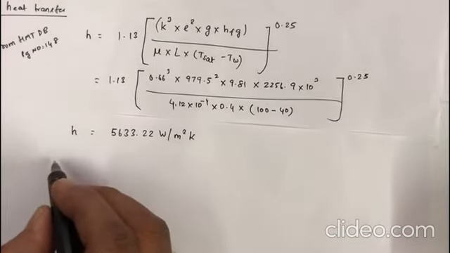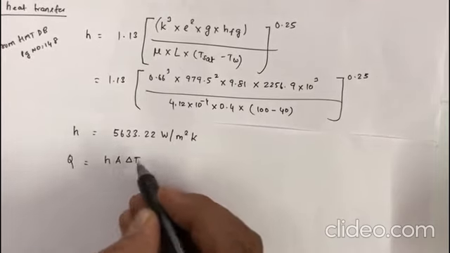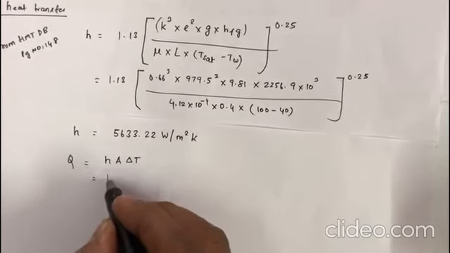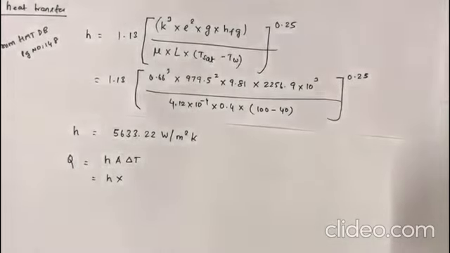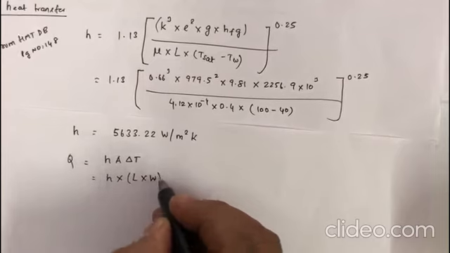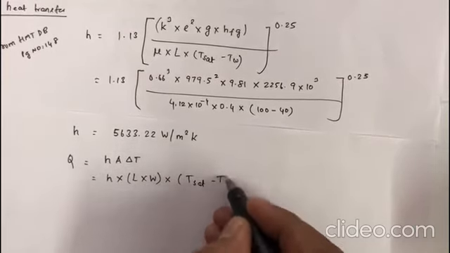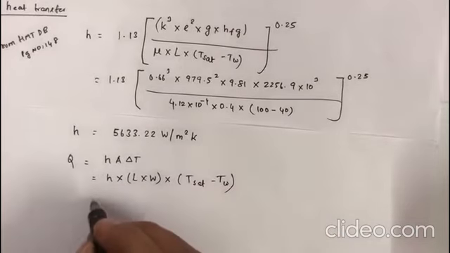Now Q will be h A delta T. This will be h into the area, which is the product of length and width, and delta T is the difference between the saturation and the wall temperature.